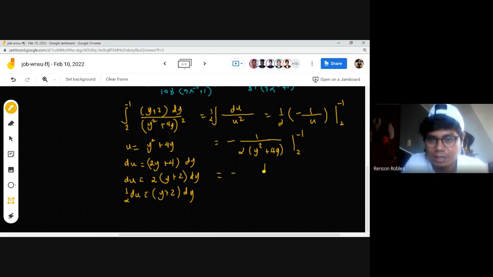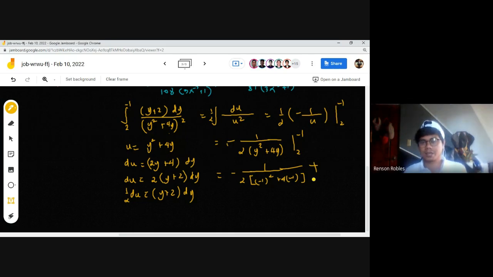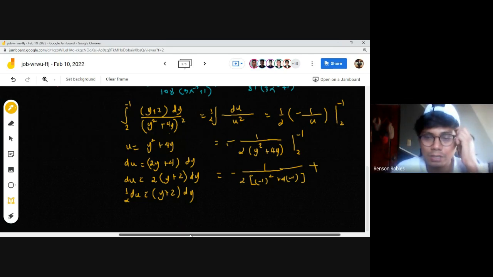And then we now evaluate the definite integral. 1 all over 2 times y is -1. -1 square plus 4 times -1 close minus. This is minus, it will become plus. Okay? Because it's minus.